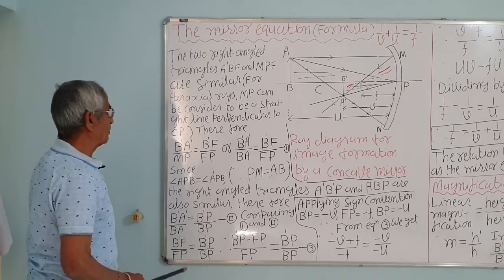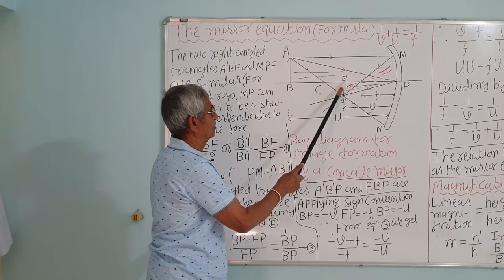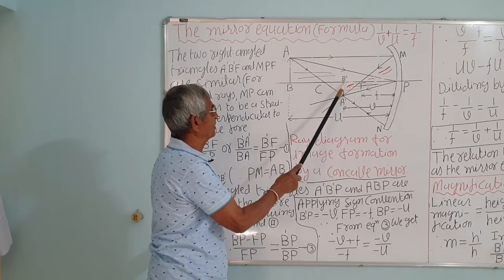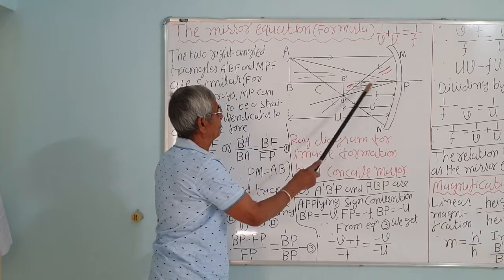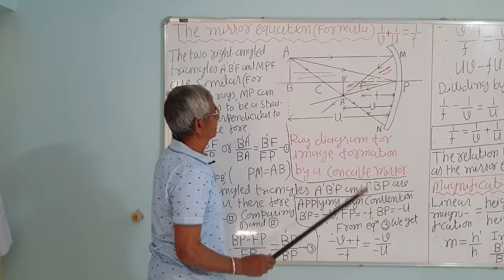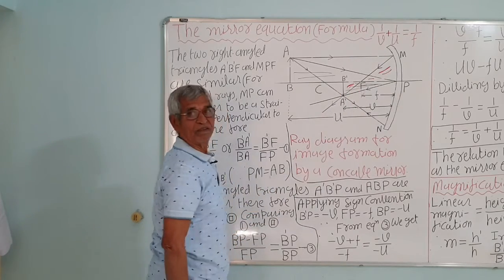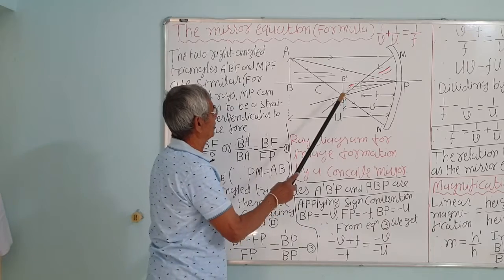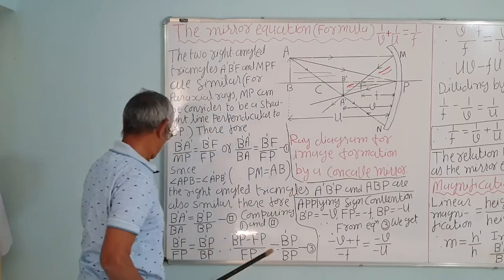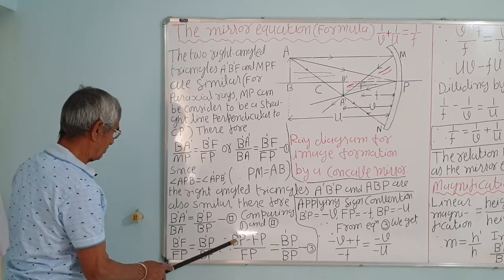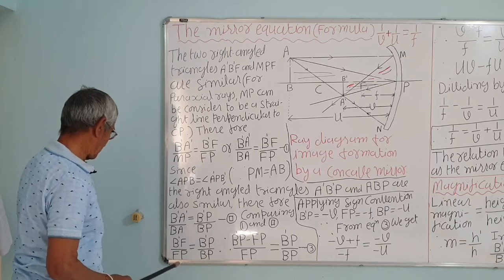Now B'F upon FP. B'F, there is no name for this distance, so we have to convert it into a known distance. We know B'P is the image distance V and FP is the focal length. So we can write B'F is equal to B'P minus FP, or PF, upon FP, correct?